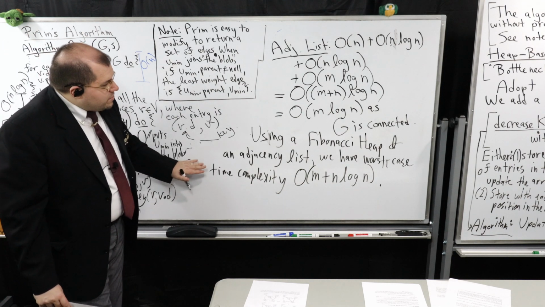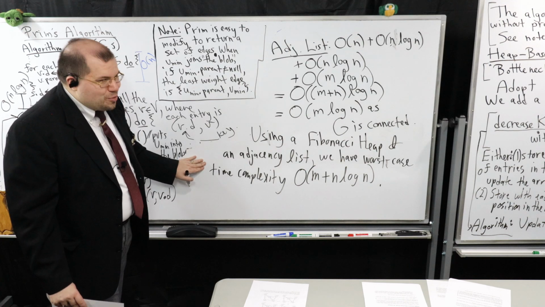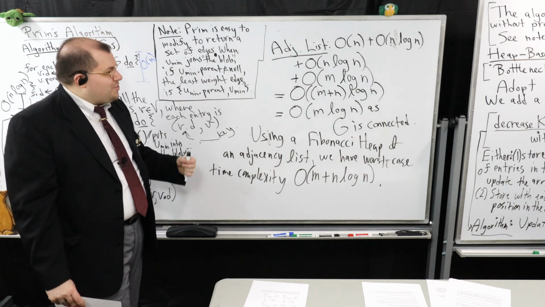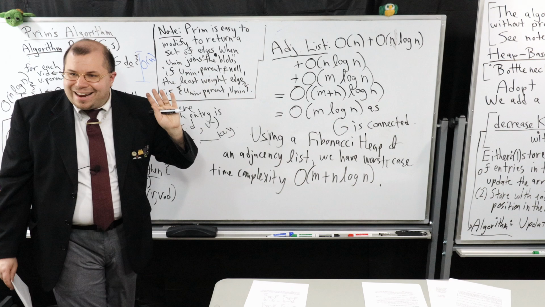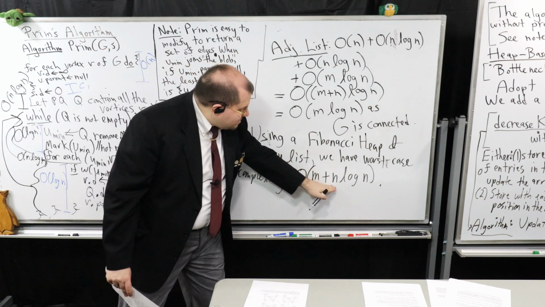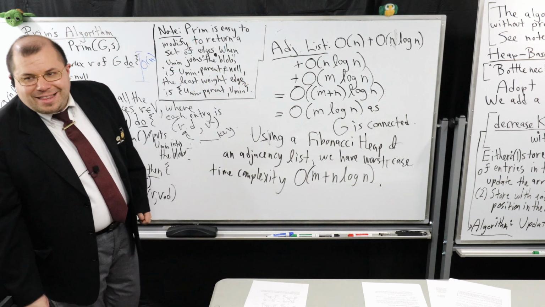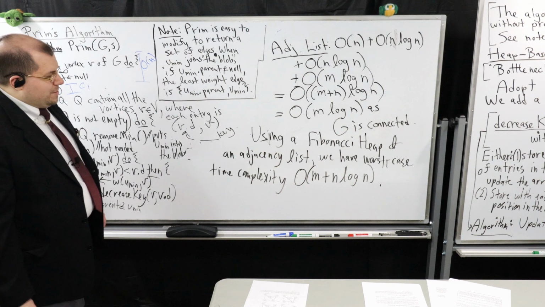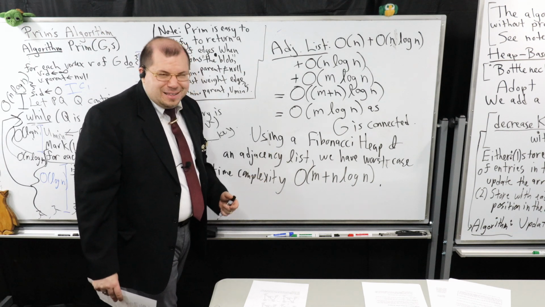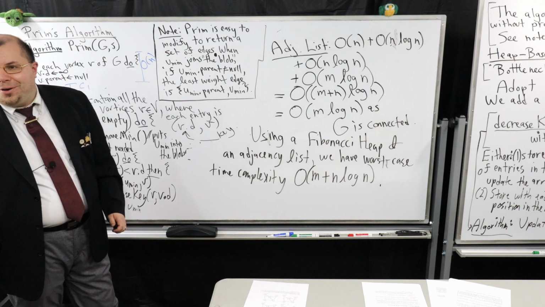So you'll notice that if I use a Fibonacci heap, this approaches much better what I was trying to ideally get, where I get n log n. Notice now it's m plus n log n. So you can get the n log n, and you just suffer the consequences of having to determine if the number of edges is many or not.